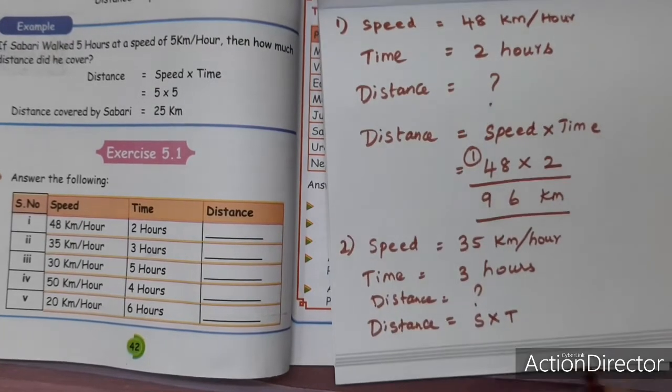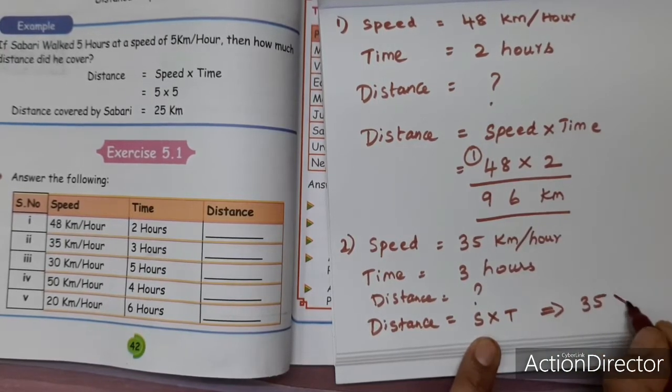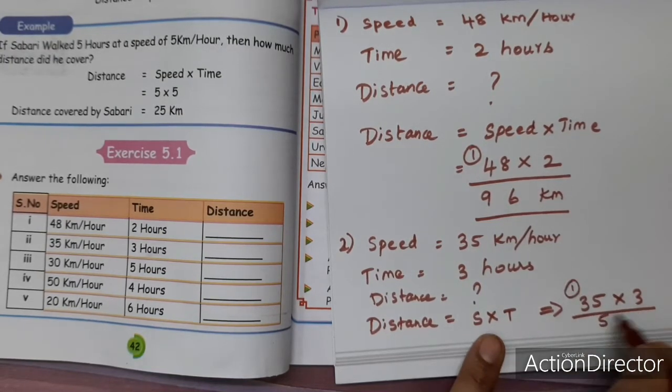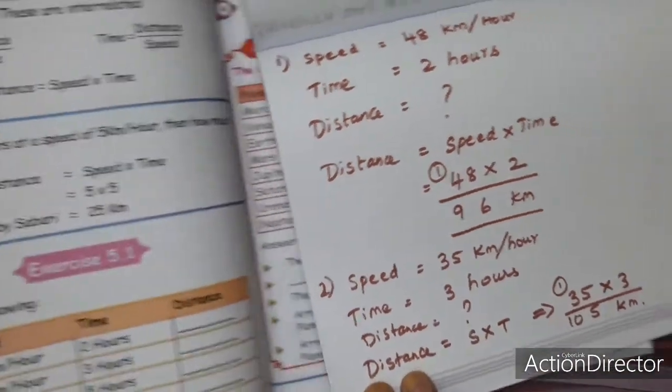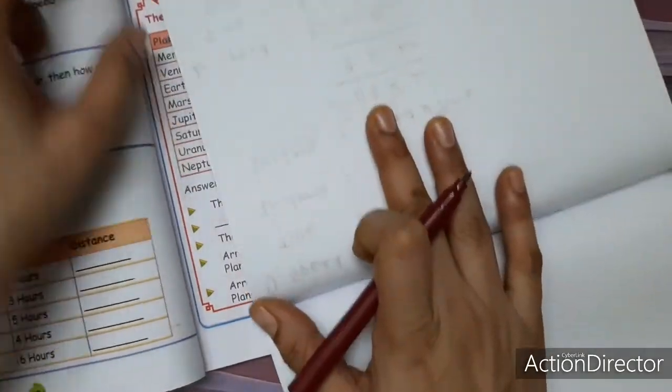Speed into time. So what we will do? 35 into 3. Okay, so 3 5s are 15, 1 carry, 3 3s are 9 plus 1, 10. So 105 kilometer. What is that? 105 kilometer is the answer. Okay, yes. Now we shall move on to the next one.